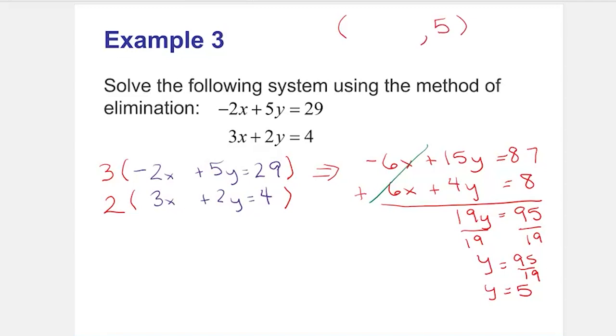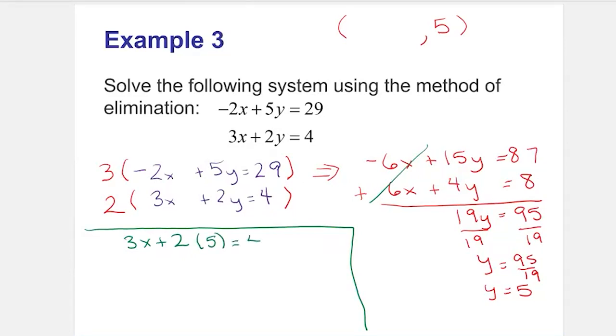Now, honestly, I can use either one of the equations to find x. So again, I think I'll pick the smaller one because it just makes things easier. I'm going to say 3x plus 2 times 5, because we already know y is 5, equals 4. 3x plus 10 equals 4.